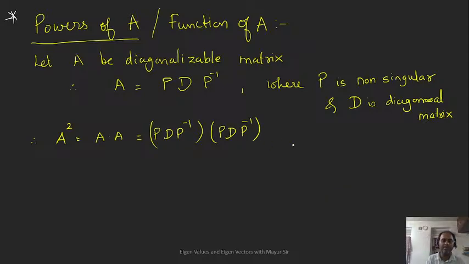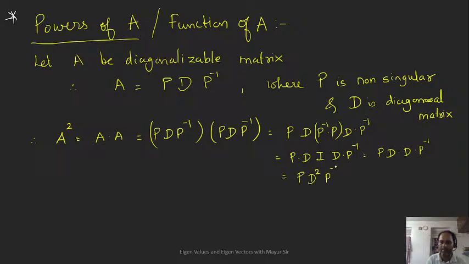If I take the middle two in one bracket, what do I get is identity here. P inverse P is identity, so I get P D I D P inverse. So this is P D D P inverse, which is essentially P D square P inverse, right?